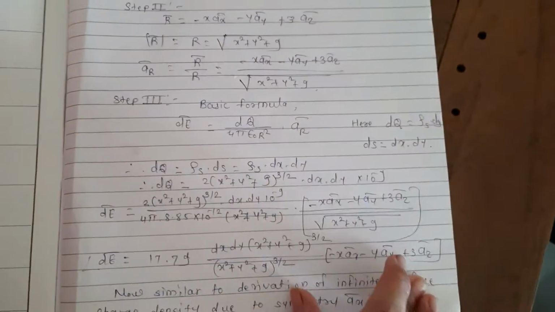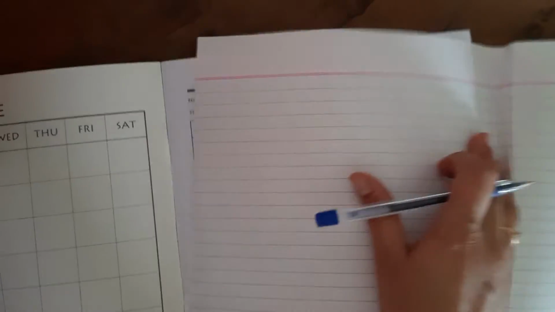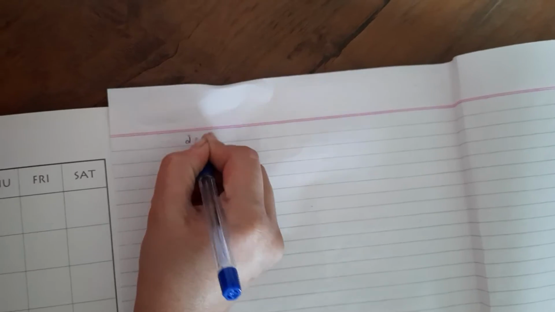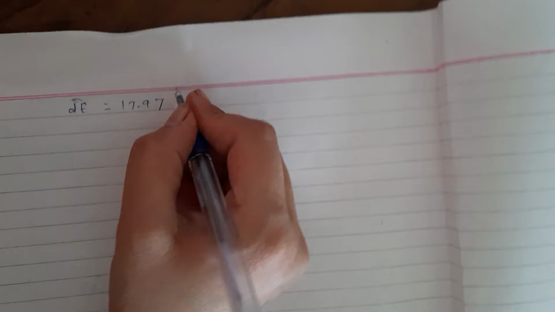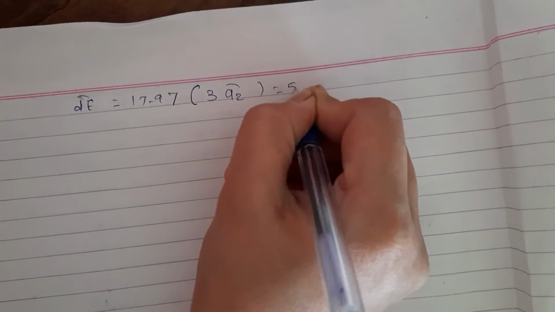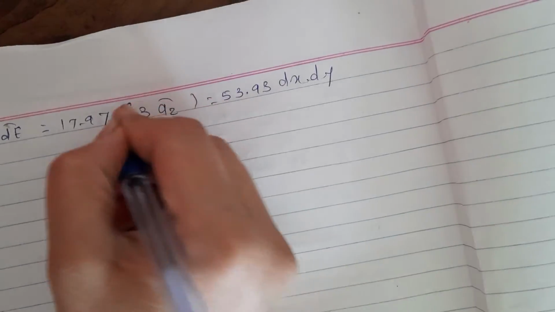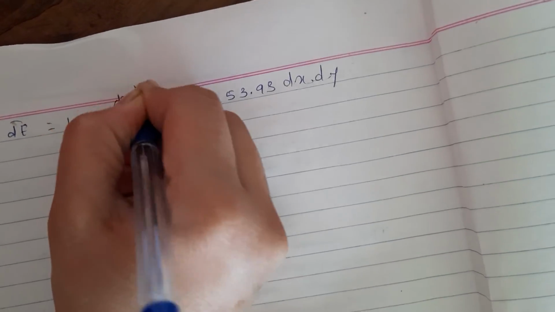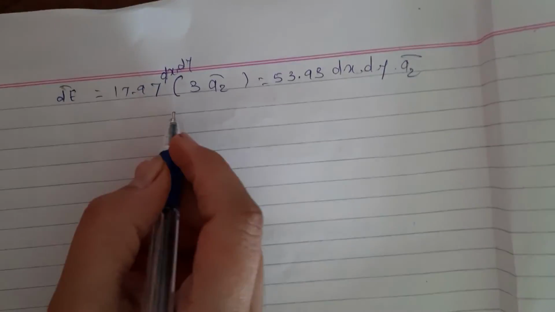So the equation becomes dE bar is equal to 17.97 into 3 az bar, that is 53.93 dx dy az bar. Now we have to integrate it.